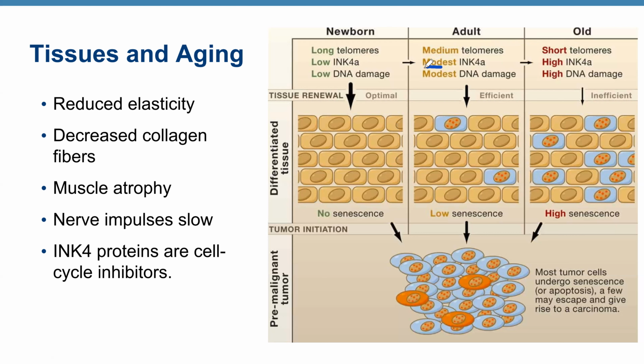Now here we have an increase of those proteins, so we inhibit the cell cycle even more as we get older, and that prevents cell division, and that means that we will not be able to replace cells as fast as we did when we were younger.